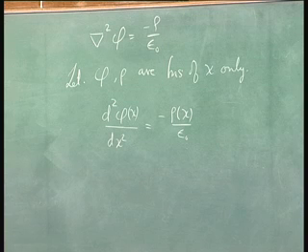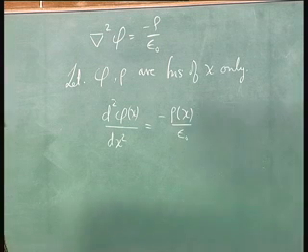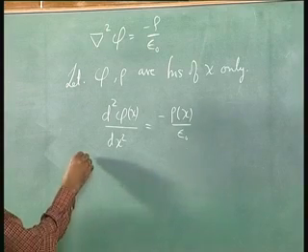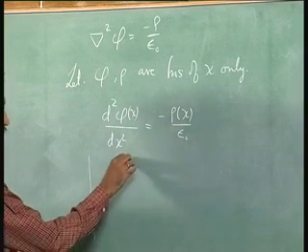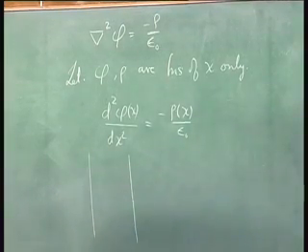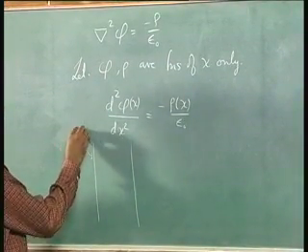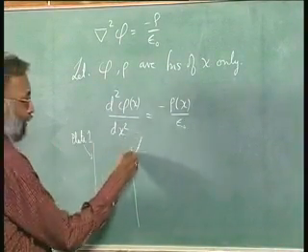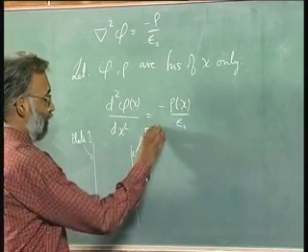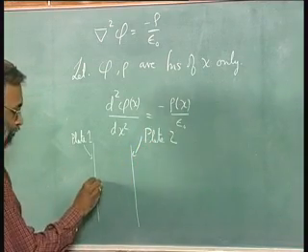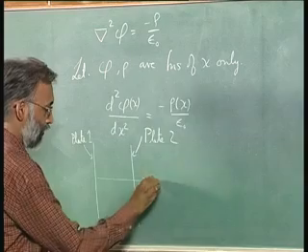Now, this equation happens to be very important. It is important because supposing I have a capacitor system, I have a plate and another plate, and let us suppose that this direction is x.